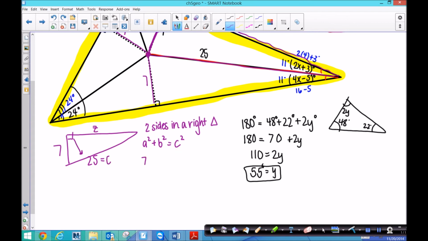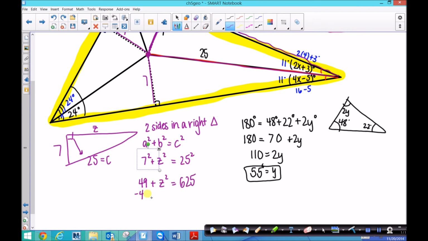So we can plug in 7 and z and 25. And so 7 squared is going to give us 49. Z squared is going to stay z squared. And 25 squared will give us 625.